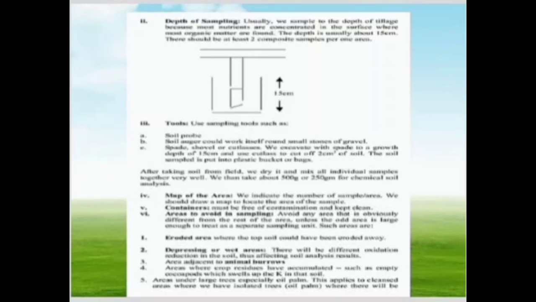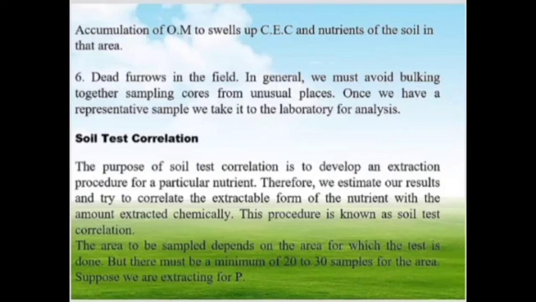This applies to clean areas where we have isolated trees, where there will be accumulation of OM to swell up the CEC and nutrients of the soil in that area. Sixth, dead furrows. In the field in general, we must avoid bulking together sample cores from unusual places. Once we have the representative sample, we take it to the laboratory for analysis.